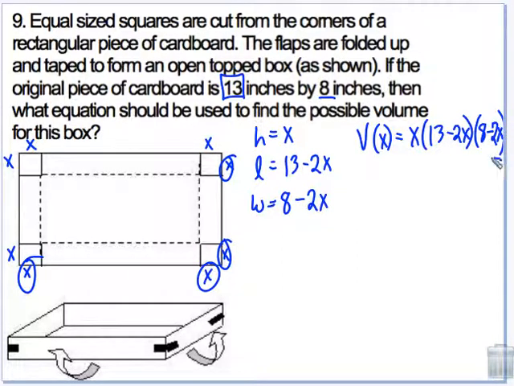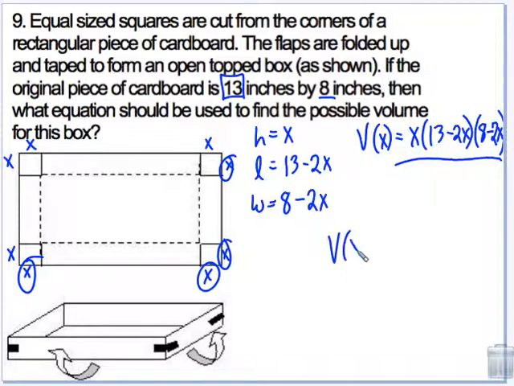Now, that's our equation in factored form, but your multiple choice options are going to be in polynomial form. So you have to multiply all those together. I'm going to let you multiply those out on your own. You can either FOIL it or box it, or you can distribute it.